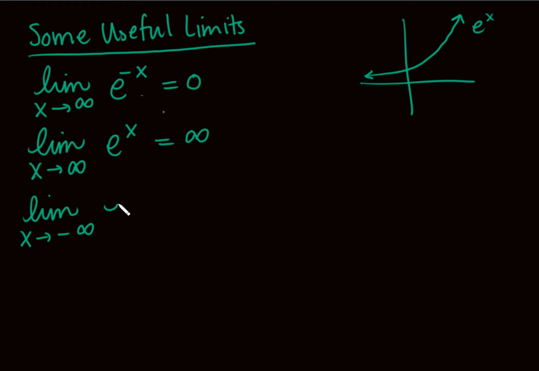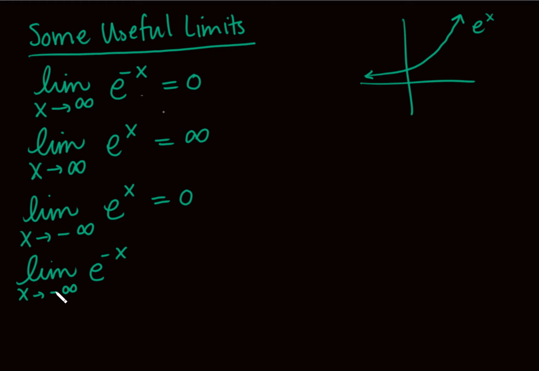What is the limit of e to the x as I go to minus infinity? That's actually going to be 0. That makes sense, right? As x goes to minus infinity, I'm taking negative values, so I'm raising e to a negative value, which in turn is going to throw that in the denominator. So I'm going to get basically 1 over e. Likewise, if I have the limit as x goes to minus infinity of e to the negative x, when I plug in that negative infinity, the negatives are going to cancel.